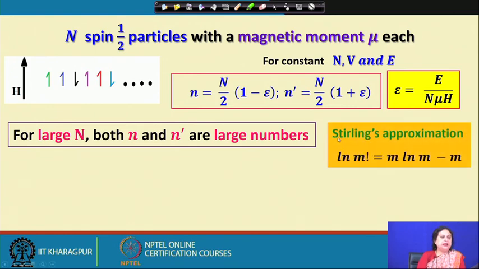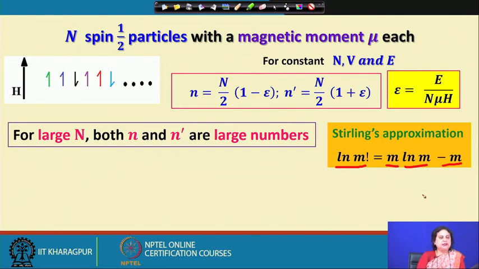There is an extremely useful mathematical tool that is known as Stirling's approximation, which allows us to evaluate factorial of a number in terms of its logarithm. So, if m is a very large number, in that case natural logarithm of m factorial can be very easily approximated as m multiplied by the natural logarithm of m minus m.